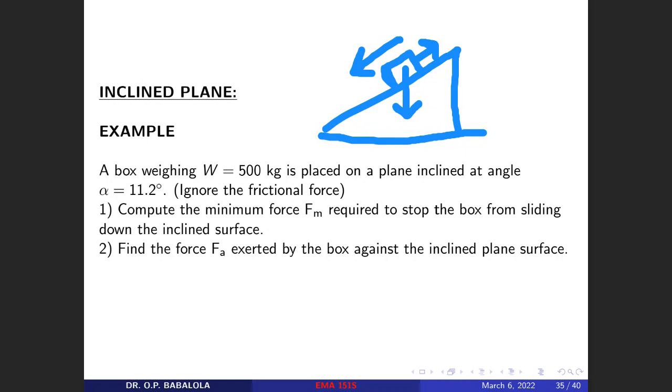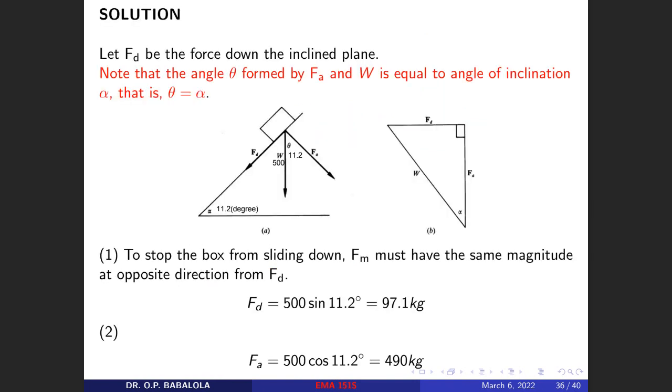I don't want to represent it as something else. That's FA, the force exerted by the box against the inclined plane surface. I called that the gravitational force, but don't worry, let's not confuse ourselves. Let's just leave it as the force exerted by the box against the inclined plane.